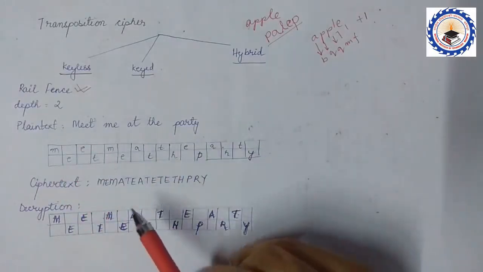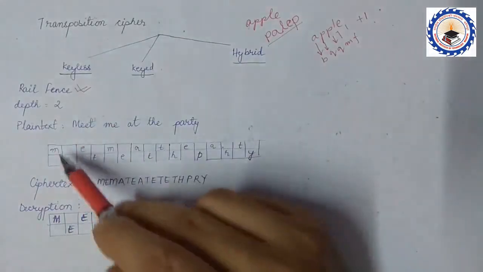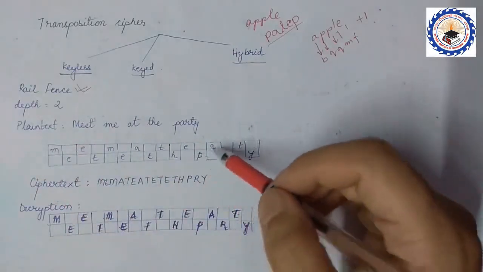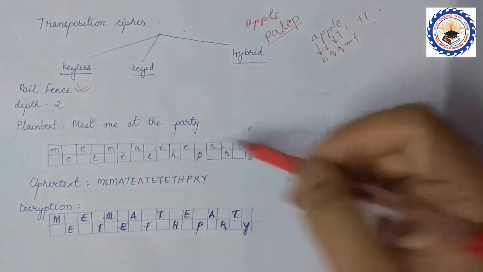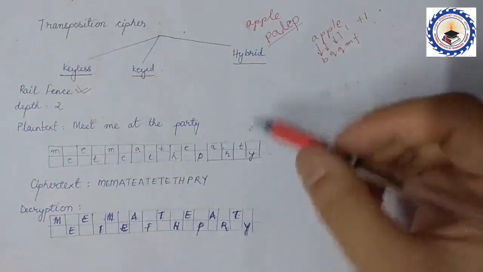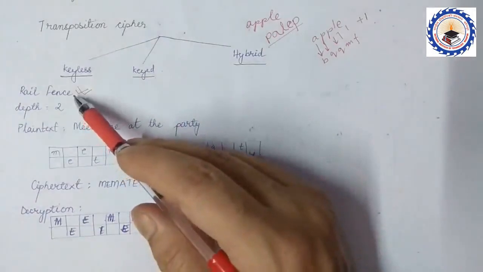This diagram looks like a rail or a fencing, or a rail track. By this look, they have taken the name Rail Fence cipher.